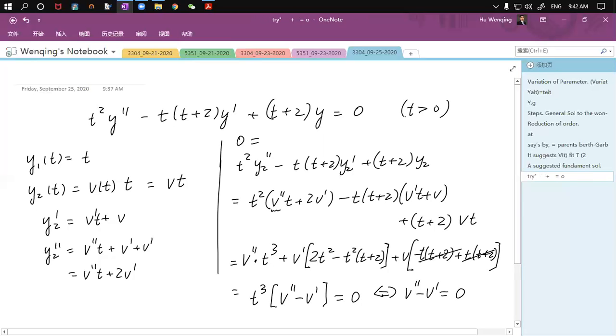So you can see that the original equation, including the y's, is kind of impossible to solve, because we have never been talking about any explicit method to solve this equation. Rather, you have to guess the first solution, and the second solution comes from the reduction of order.